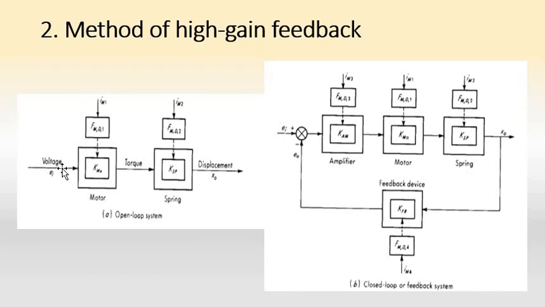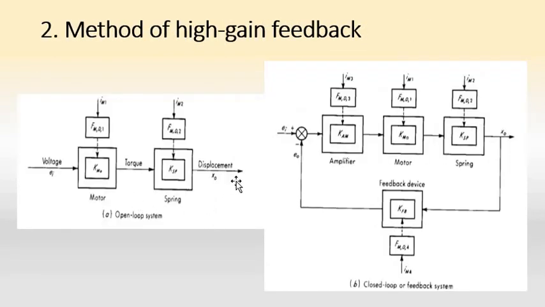Voltage EI is applied to the motor, and the motor output is torque. This torque acts upon a spring, and the spring causes displacement as the output. So here the input is EI, that is voltage, and the output is displacement x naught.